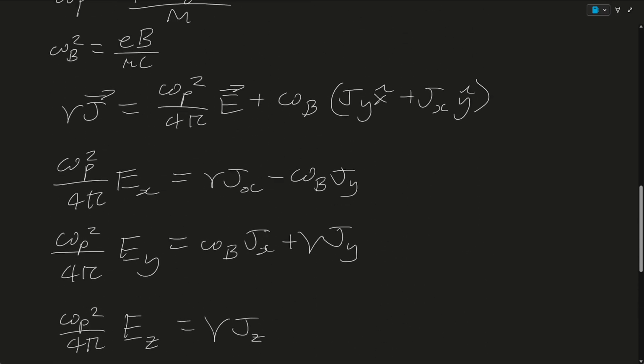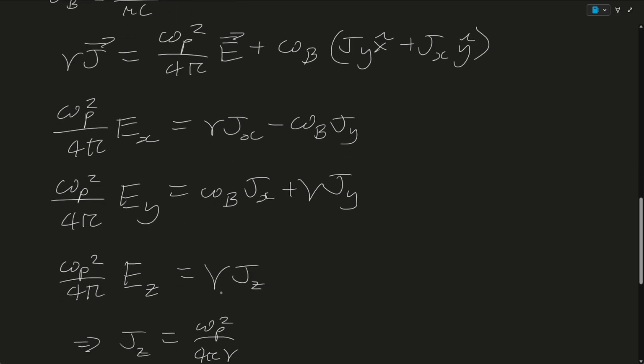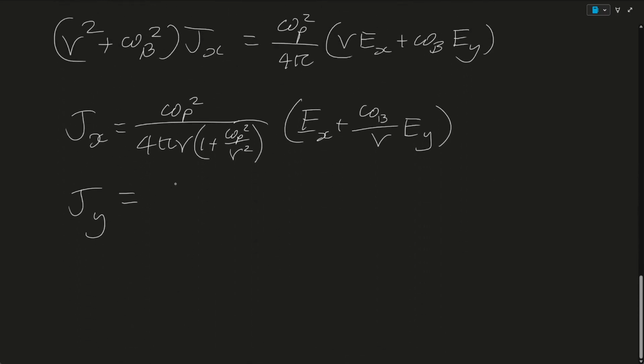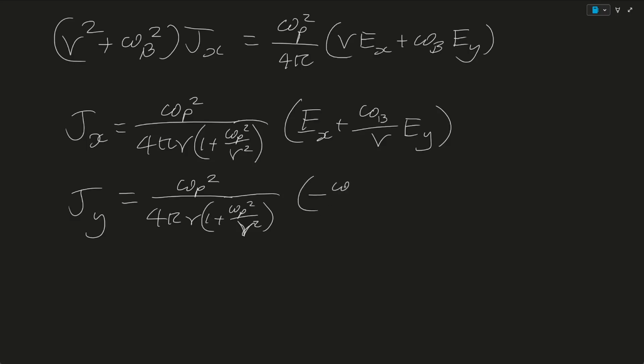If you look at these equations by inspection, you can see where, by subtracting them, you get that. So jy then is omega p squared over 4 pi nu, 1 plus omega p squared over nu squared. As I said, that coefficient is negative, on our Ex component.